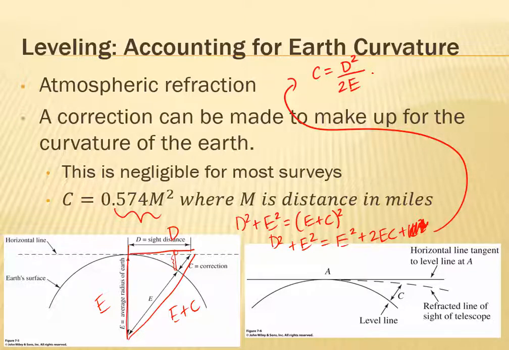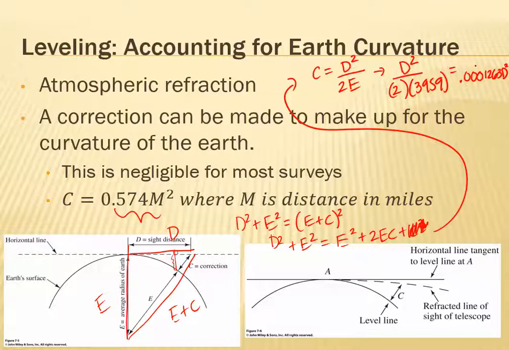And we know that E, the average radius of the Earth, is actually 3,959 miles. So this is D squared over 2 times 3,959 miles, which, if we solve this, gives me 0.0001263 d squared.